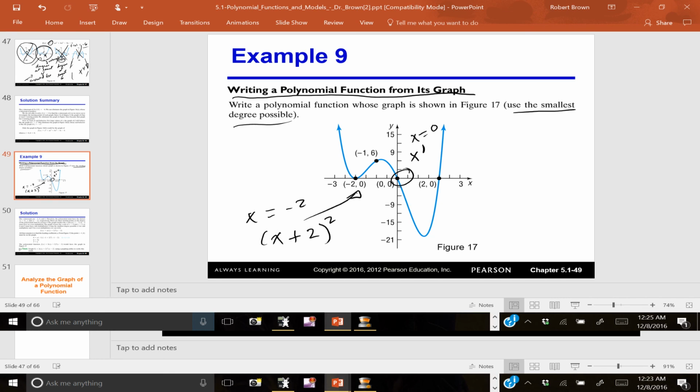It has to be odd, so it's either got to be 1, 3, 5, or 7, so the lowest would be x. Here we have x equal 2. So x minus 2 is a factor. And since it goes through, it's going to be an odd multiplicity, and so we'll pick 1.